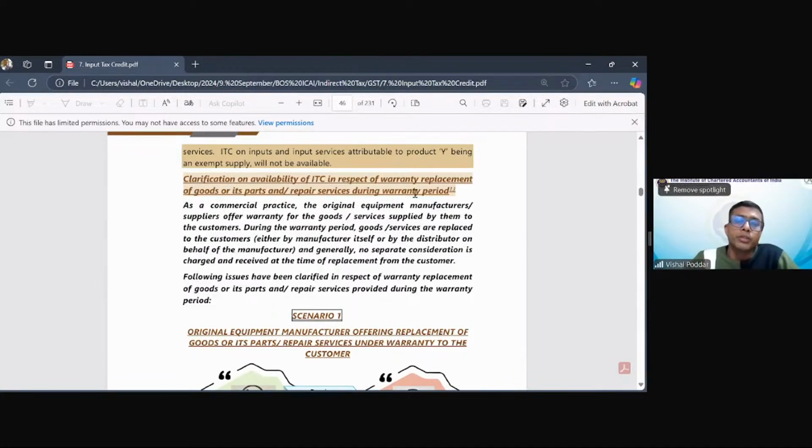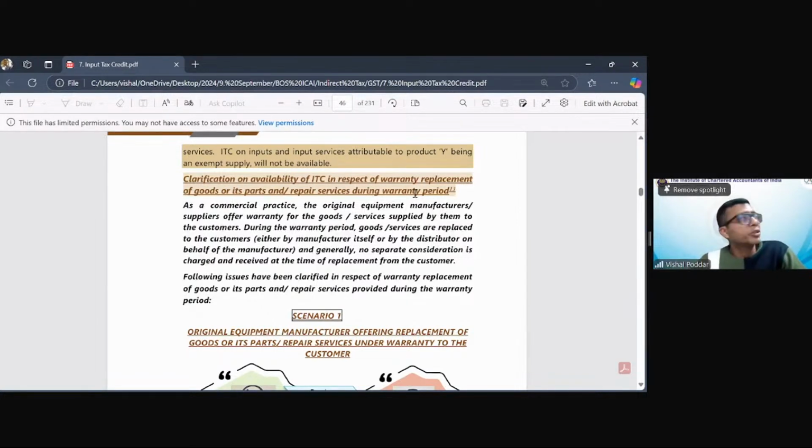Now, in these 2 years, what happens is, let us say the picture tube of your television is not working properly. So you come to the service center, you lodge a complaint, and as per my warranty, I have to replace this picture tube. Now, when I'm replacing this picture tube, I am providing you this picture tube free of cost. Now, the question comes, when I provide you free of cost, there is a problem in 17.5, that is the blocked list, which we are going to see further, that if I am providing anything free, I have to reverse the ITC on that free component.